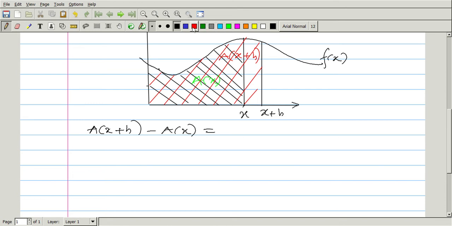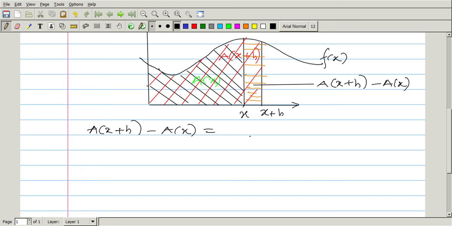So this is A of x plus h minus A of x, this particular horizontal shaded area.